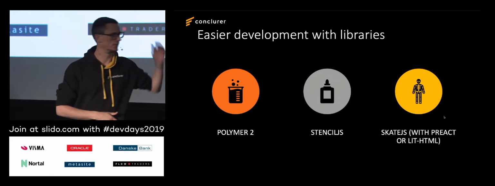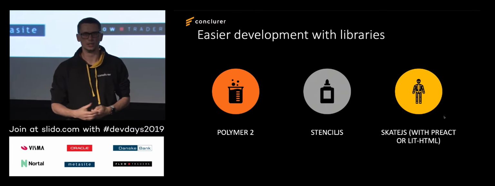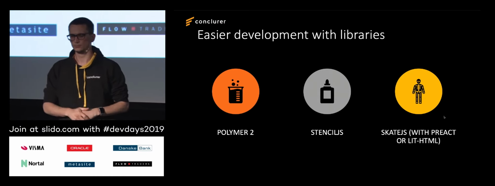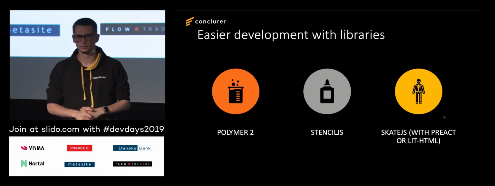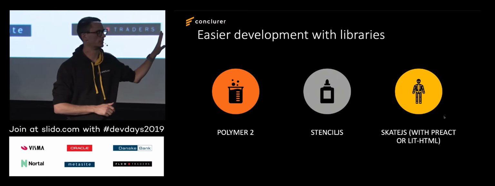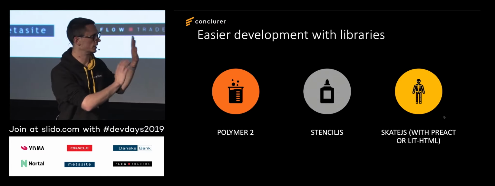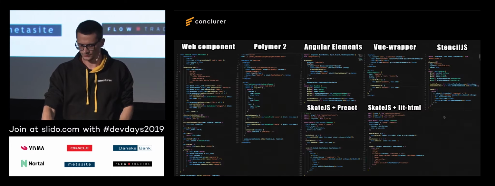And there is Skate.js, for example, with Preact or lit-html. Also, you can use LitElement, as maybe you heard in the talk yesterday about LitElement. So we're skipping LitElement for today. We're making the demo later with Stencil.js.